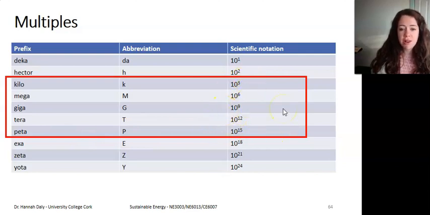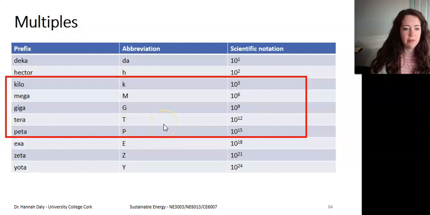So it's worth generally in your life remembering these, and my little mantra is kilo, mega, giga, tera, peta. So a kilo is 1,000, 10 to the power of 3, mega is a million, 10 to the 6, giga is a billion, 10 to the 9, tera is a trillion, 10 to the 12, and peta is 1,000 trillion, 10 to the 15.